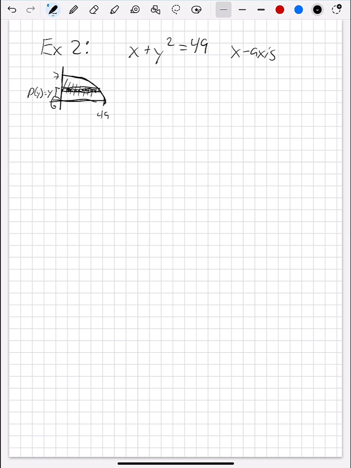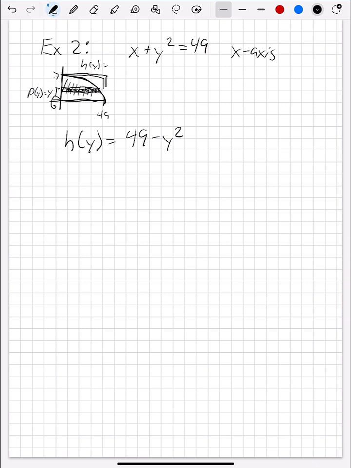And then the height of the rectangle is really just equal to whatever our x coordinate is, so we need to solve this for x. So the height h(y) will be 49 minus y squared, because our height is dictated by whatever our x value is, and that's the curve that's generated.